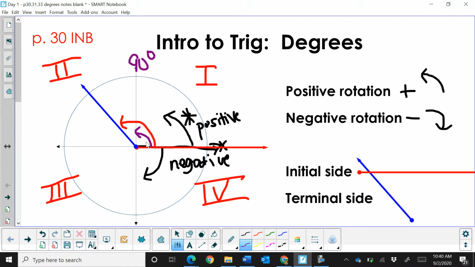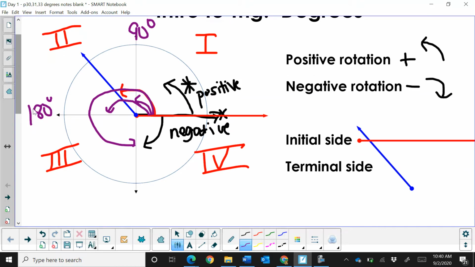If we rotate around to the other side of the x-axis, that is 180 degrees. If we rotate all the way around from the initial side, positive x-axis, around to the negative y-axis, that's going to be a 270 degree rotation.